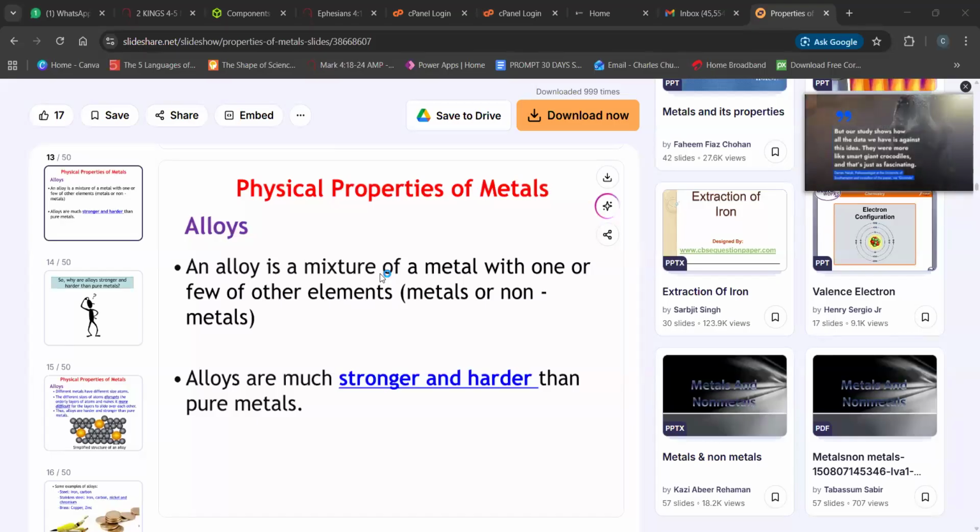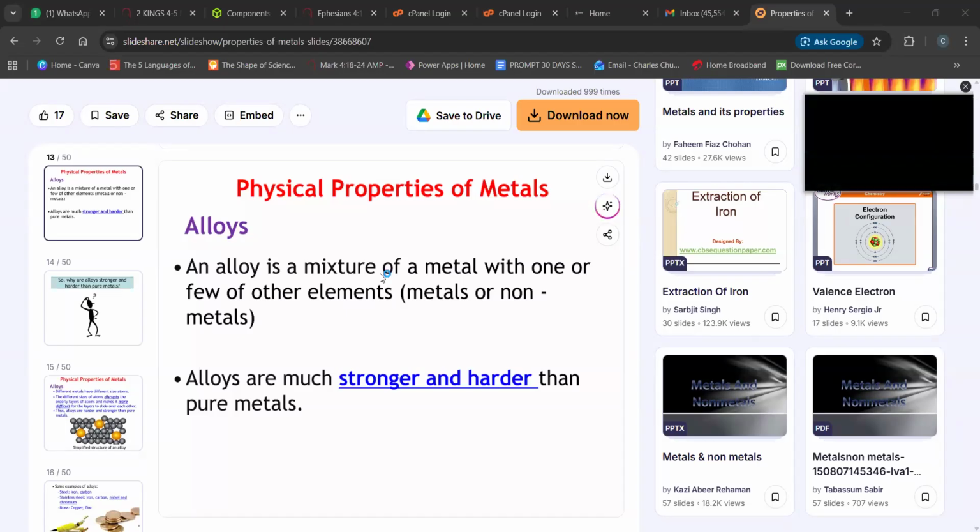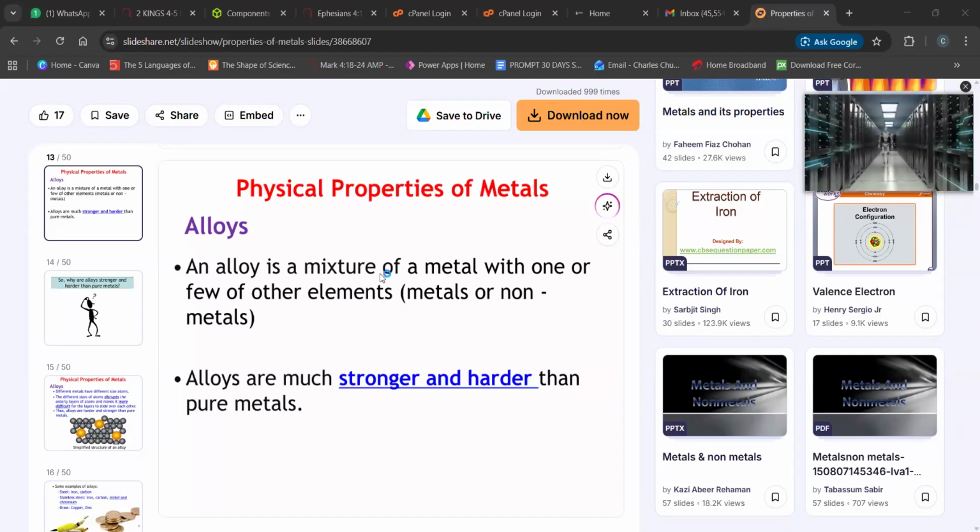When we have a mixture, it doesn't mean that they reacted, so we need to straighten that out. They didn't react. It's just a mixture of one metal with another one, and it can be with another metal or with a non-metal.